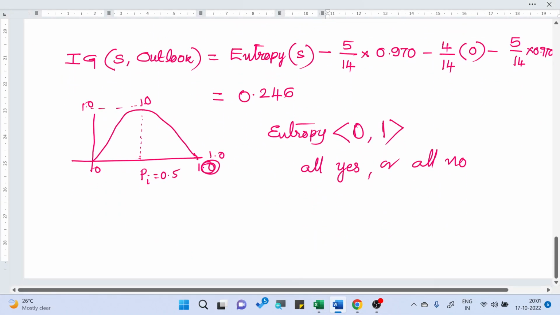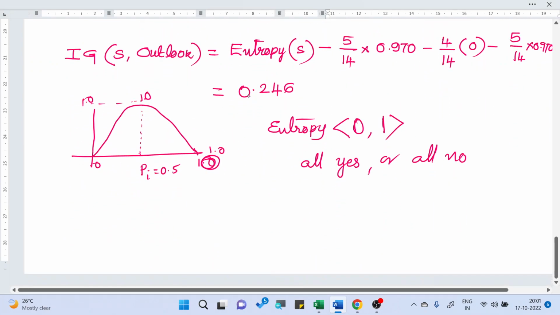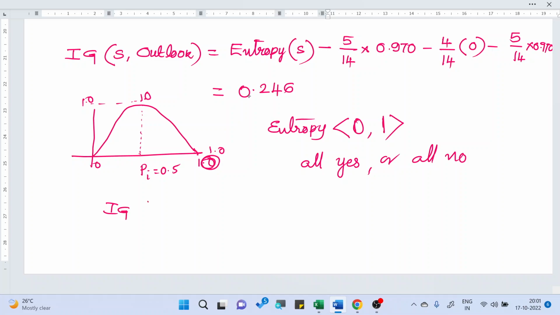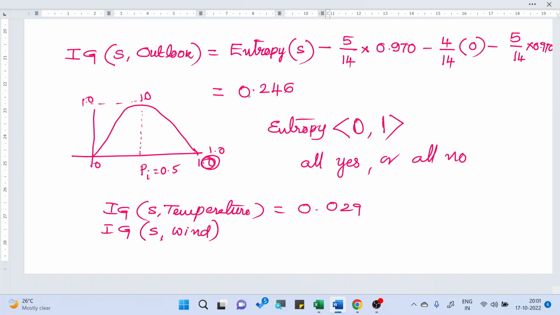So similarly you can calculate the remaining two. When we do that, information gain for outlook is 0.246, information gain of temperature is 0.029, information gain of wind is 0.048, information gain of humidity, which has high and normal, is 0.151.